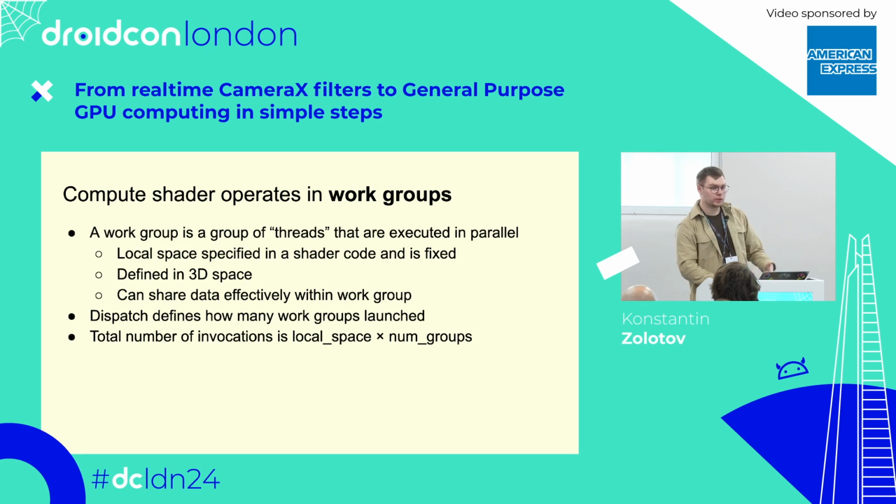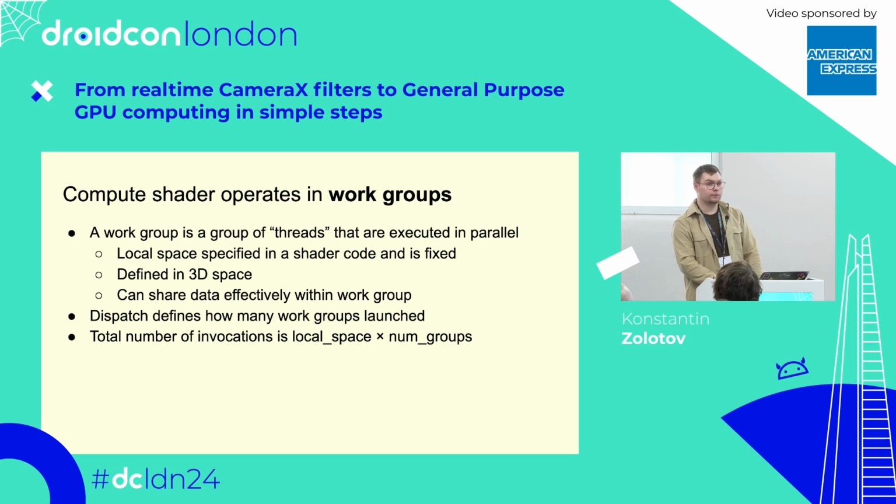The purpose of a workgroup is that its threads can share data within the group efficiently. There are special functions, memory barriers, that ensure that all the reads and writes to the buffers are done before the memory barrier executes.